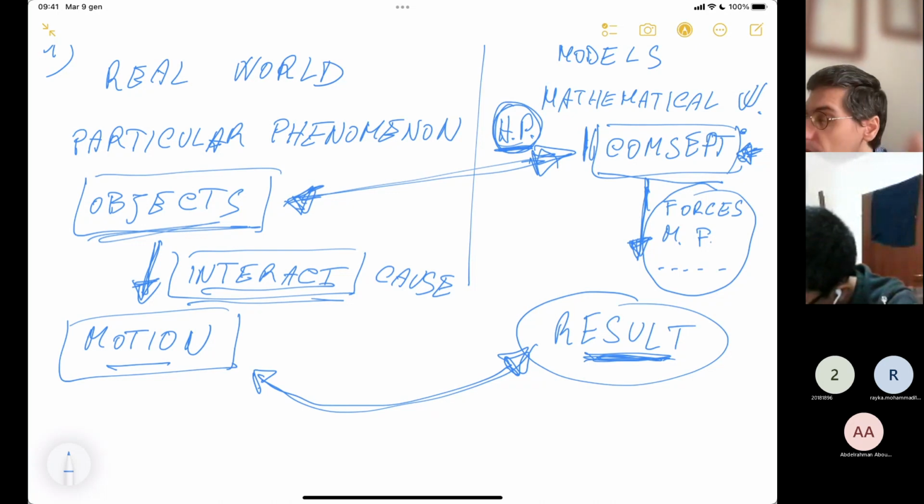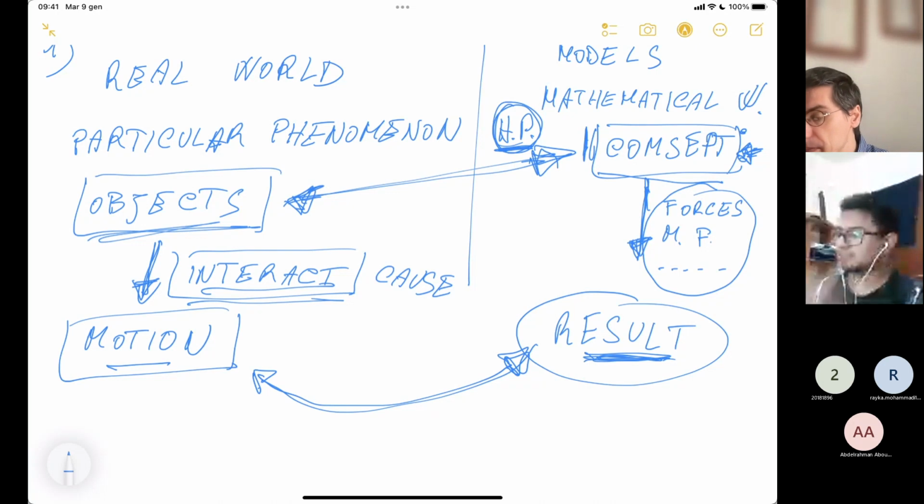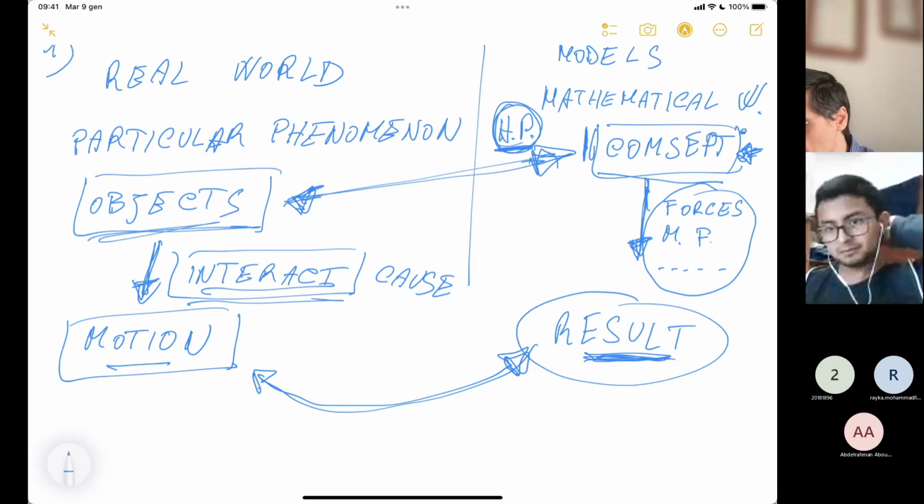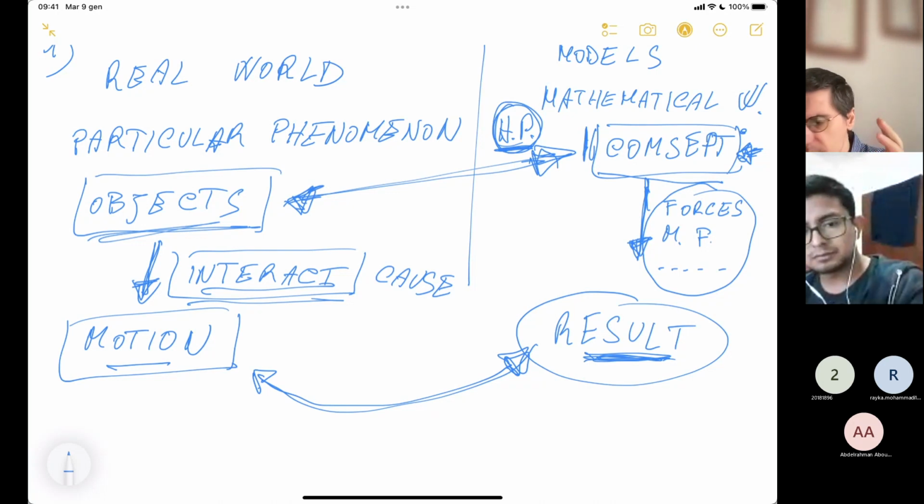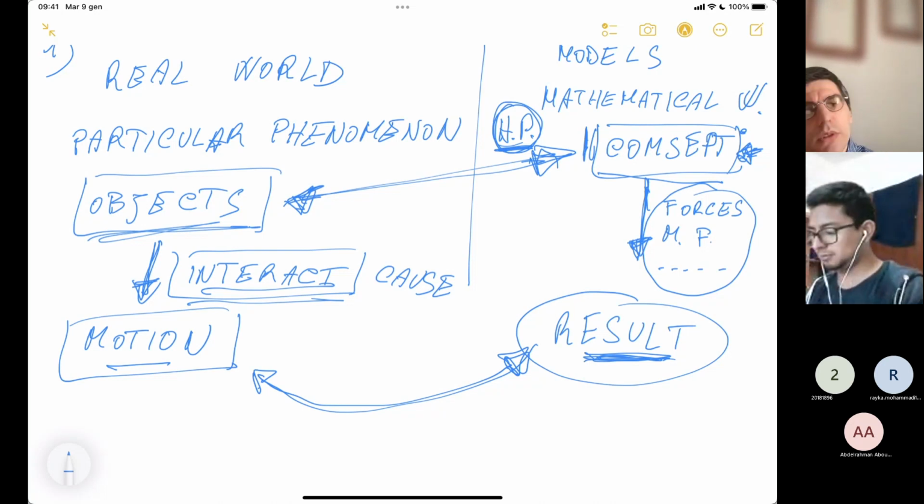Now, okay, this is fine. Everything is based on this kind of scheme. Many models are built in this way. When you do this, at the end of the story, you can have three outcomes.